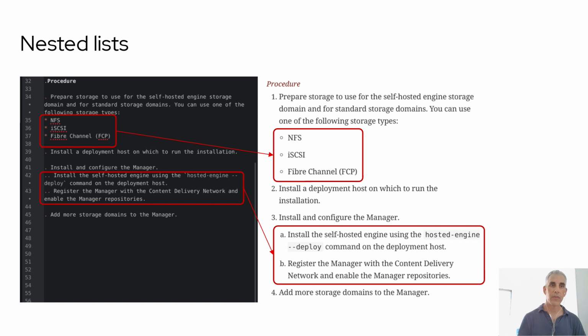So I show the first one is an example of a nested unordered list, and the second is an example of a nested ordered list. And you can see that AsciiDoctor automatically translates the nested list into the format that you see on the right-hand side, which is a lettered format, A and B.